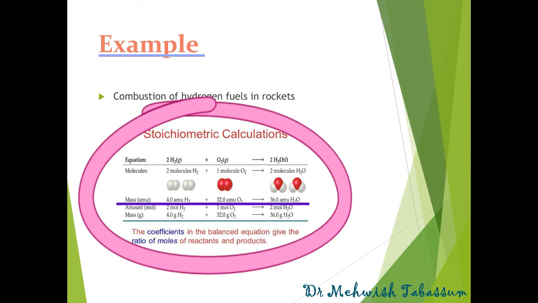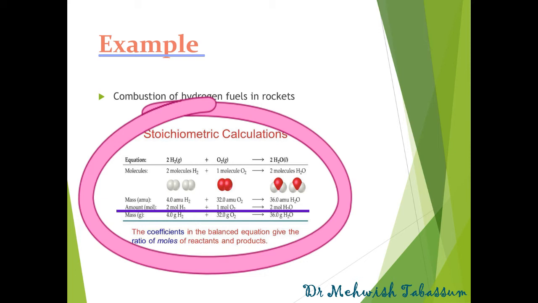One hydrogen atom has 1 atomic mass unit. 2 molecules of hydrogen give 2 atomic mass units, while the coefficient 2 is multiplied by the atomicity of hydrogen, that is also 2. Atomicity means number of atoms. 2 by 2 gives you 4. So the atomic mass unit of hydrogen is 4.